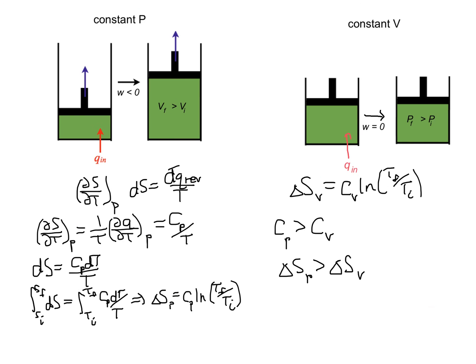This makes sense because in the constant pressure case, not only am I increasing the temperature, I'm also increasing the volume, both of which increase the number of microstates available to the system, and therefore both contribute to an increase in entropy. In the constant volume case, I can't do any work, the volume doesn't change, and so it's only the increase in temperature that increases the number of microstates in the system, leading to a smaller increase in entropy in the constant volume case.